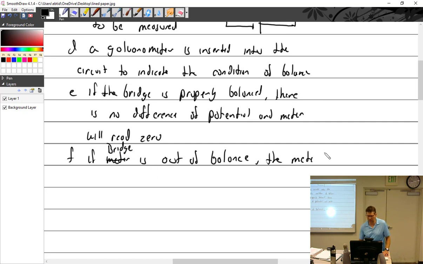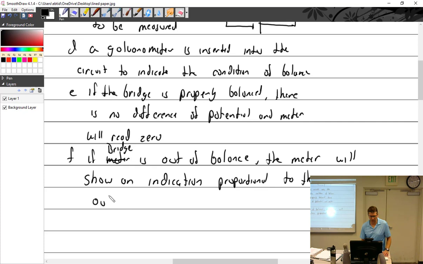If the bridge is out of balance, the meter will show an indication proportional to the out of balance. And the more current that flows through the out of balance, the more the needle will reflect.